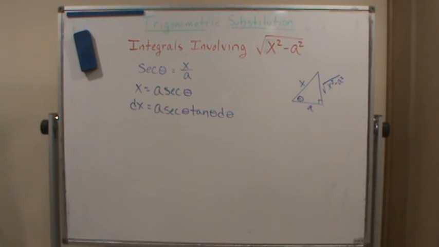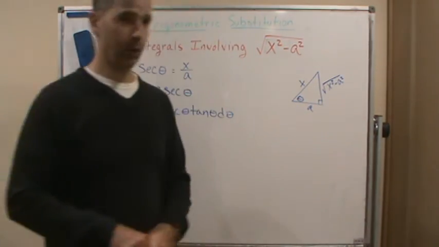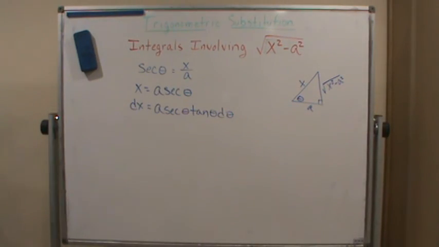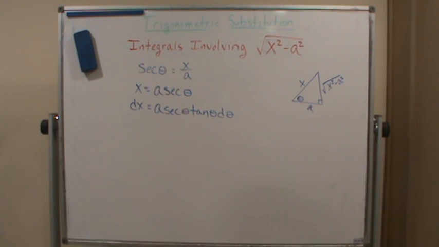That makes sense. This is our reference triangle that we'll use to put everything back in terms of x. Okay, so in the next video, I'll show you the steps and we'll do some examples.